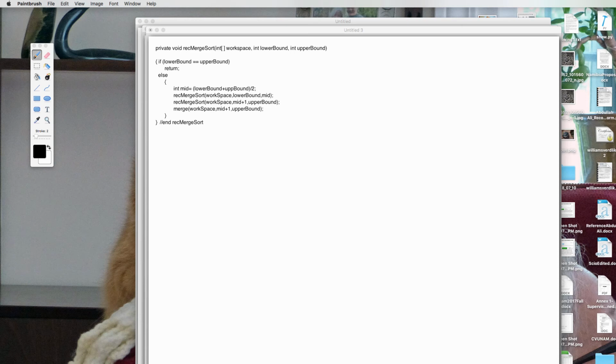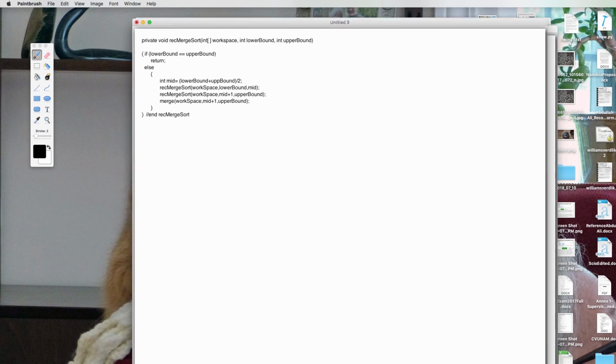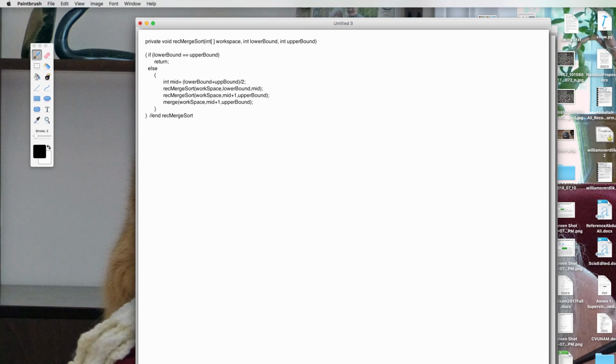So where's this stuff called recursion? Well, it's right over here. Excuse me. Let's see how this works. So we can see that we have this method here, private void recursiveMergeSort. And we can see that what's happening is we are coming in with an array, and it's called workspace here.